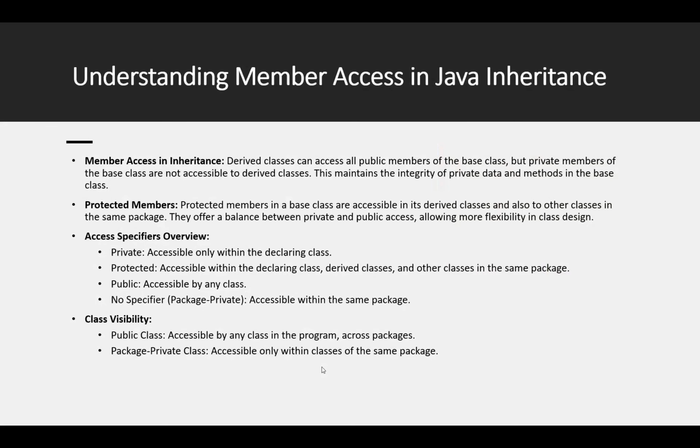The next topic is member access in inheritance. In Java's inheritance, understanding how derived classes interact with their base class is crucial. So let's understand this concept. Imagine a derived class as a child in a family and the base class as a parent.